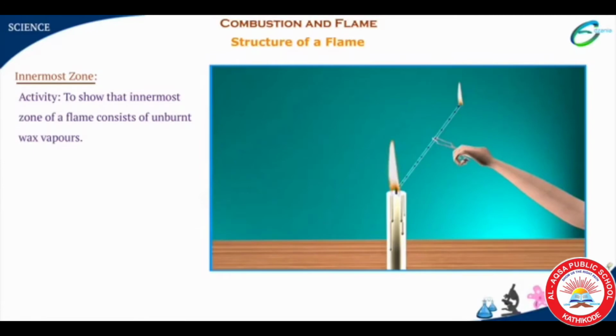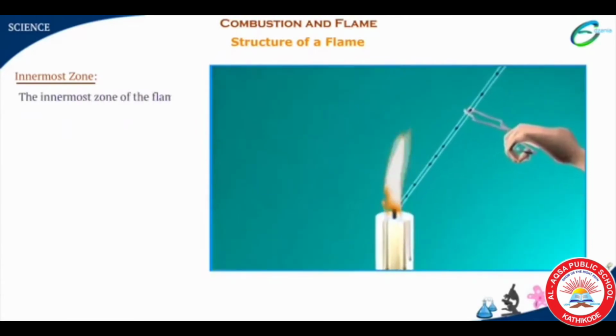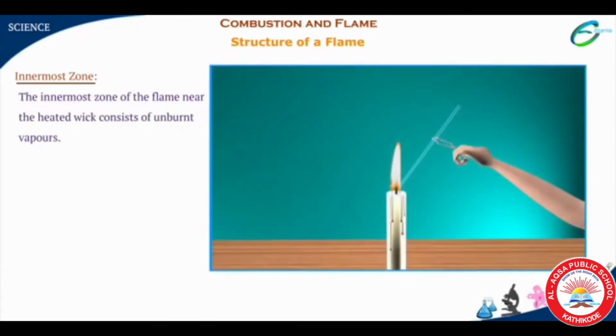So actually what happens here? We know that in the innermost zone unburnt wax is there. That wax passes through the glass tube, and when we bring a burning matchstick, that wax starts burning at the other end.